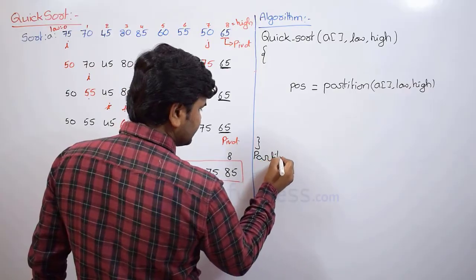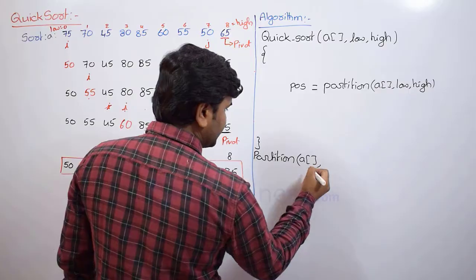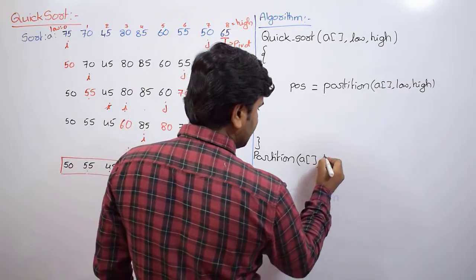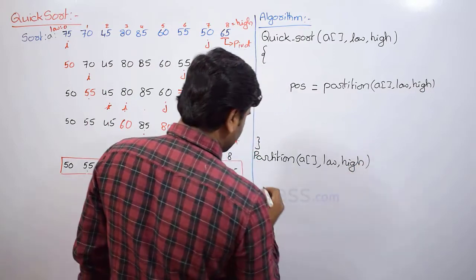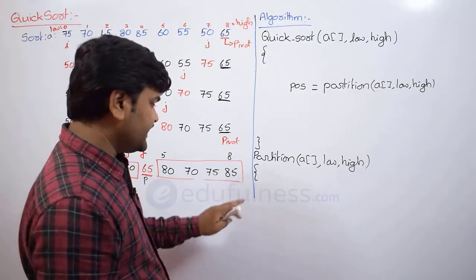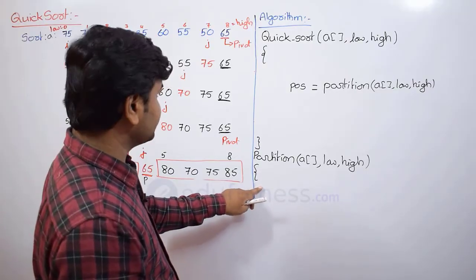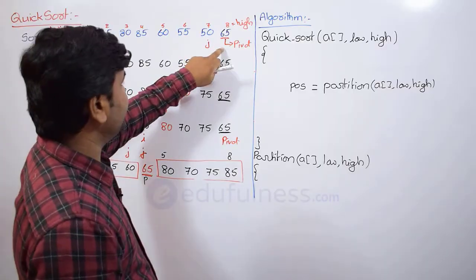So partition, and what are the parameters you are receiving? Array A and low and high. Now, what are we doing inside the partition? Here you can observe. First, we are setting the pivot element.